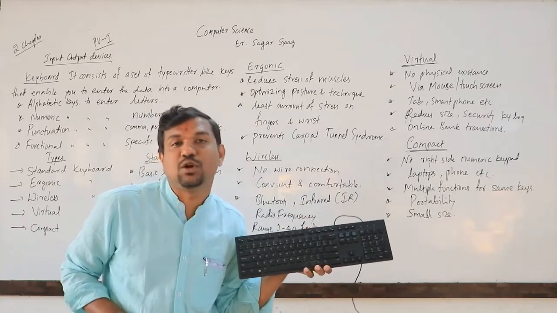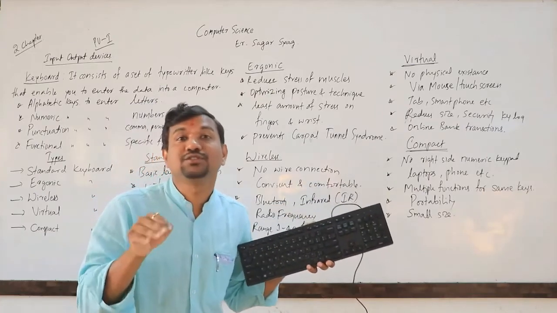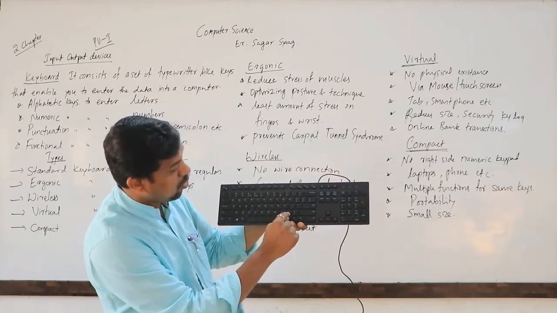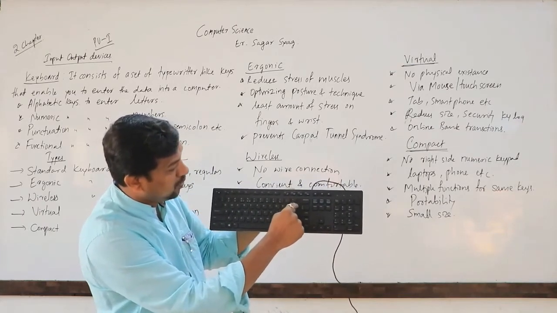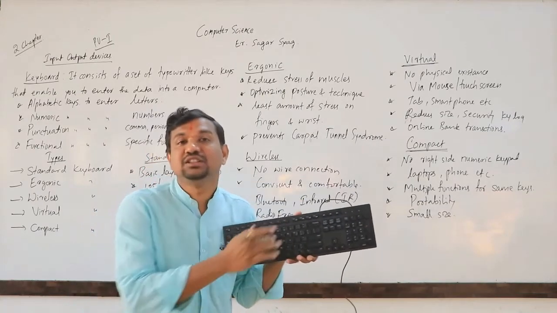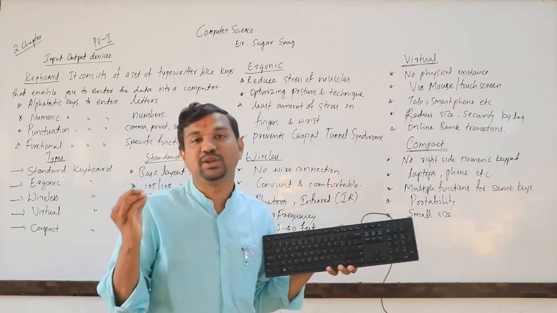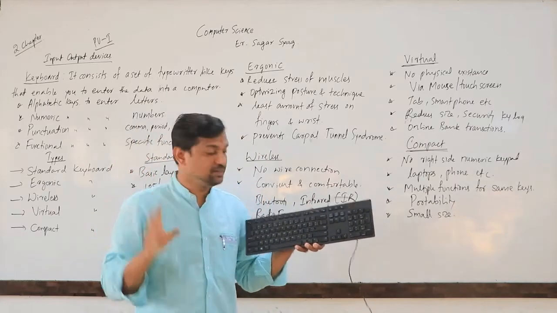Next, punctuation keys: comma, period, hyphen, plus, equals to, open bracket, close bracket, bar, slash. These special characters are called punctuation keys.